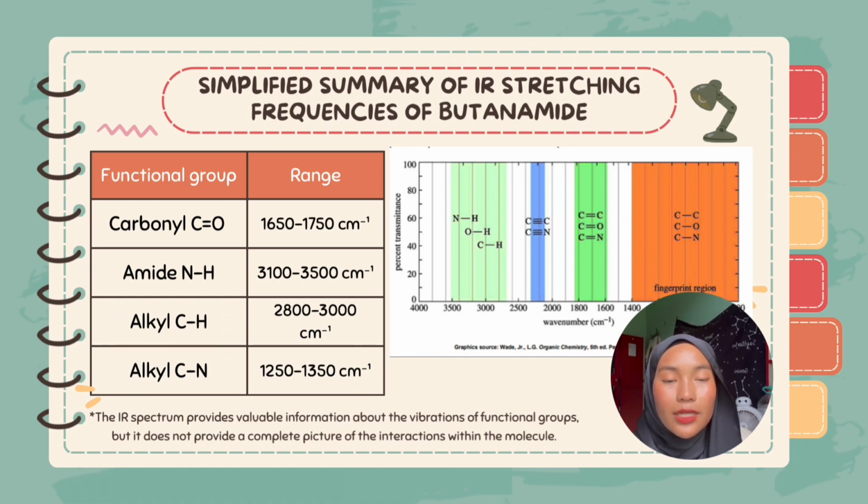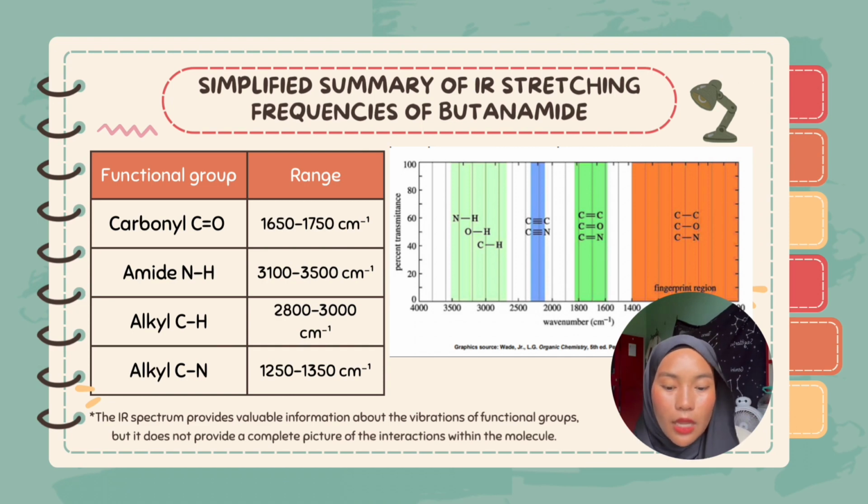While the last one is the CN bond, the range starts from 1250 till 1350 cm-1.